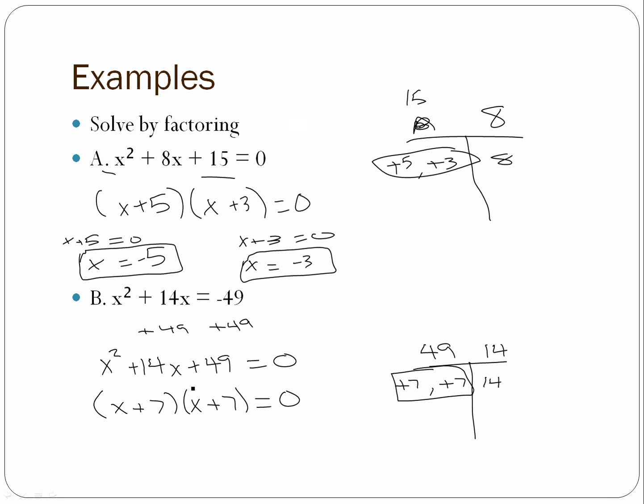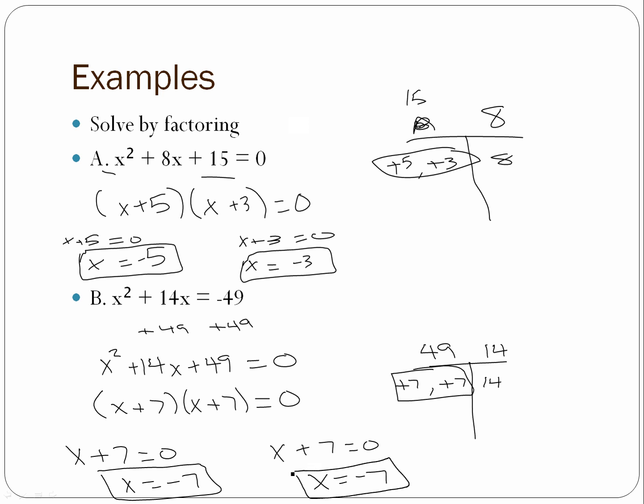Keep that in mind for the end of the problem when we come up with an answer. But if I set them both equal to 0, we'll have x plus 7 equals 0 and x plus 7 equals 0. On the first one, subtract 7, we get x equals negative 7. So that's one of our answers. And on the second one, we're going to subtract 7 as well, and we'll get x equals negative 7 as well.